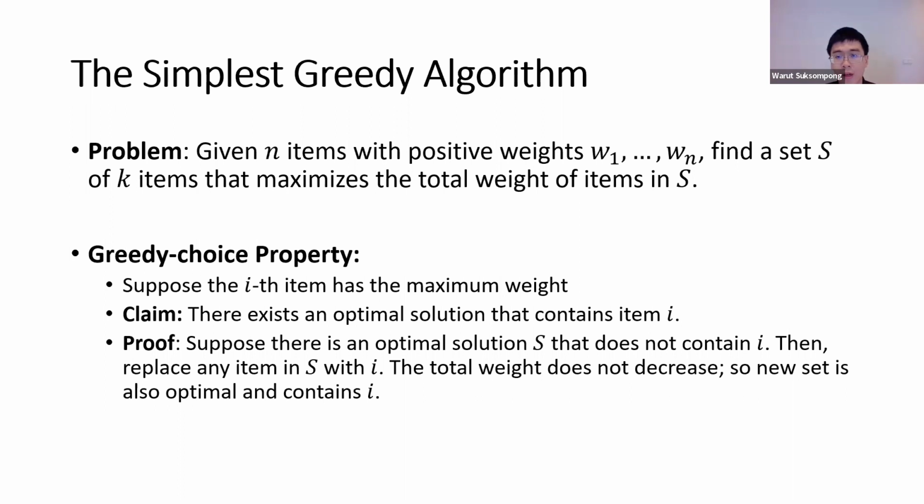The total weight would not decrease, and it's still a set of the same number of items, k items. So the new set would still be optimal, and now it contains item i. This shows that there exists an optimal solution that contains item i, so it doesn't hurt to take item i. It cannot come back and hurt you later.